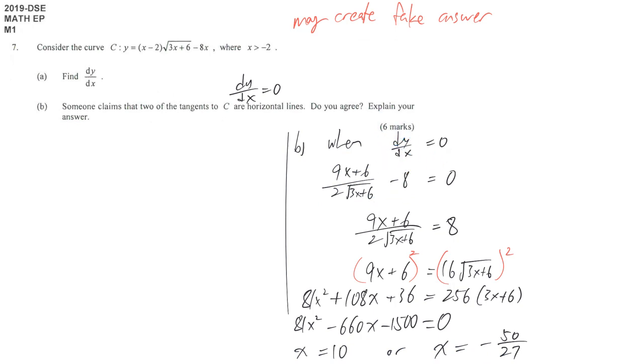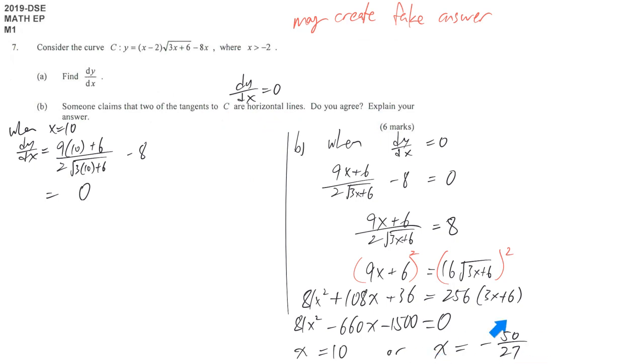So when x is equal to 10, dy/dx is equal to (9 times 10 + 6) divided by 2 square root of (3 times 10 + 6), and then minus 8. We get 0. So we prove that when x is equal to 10, the slope of the curve is equal to 0, which means that the tangent at that point is a horizontal line.